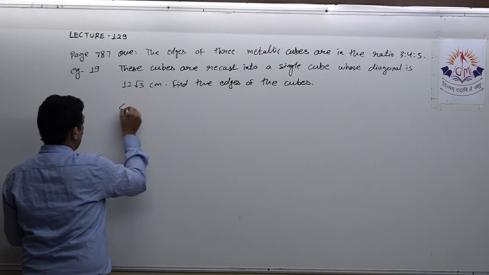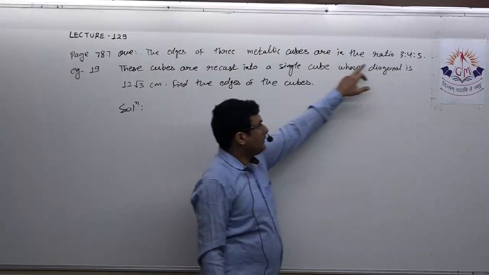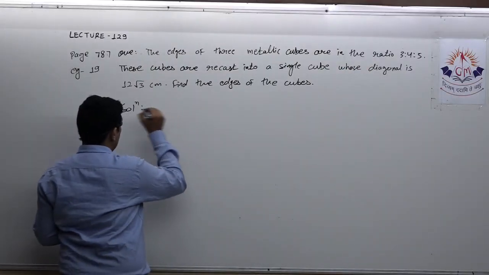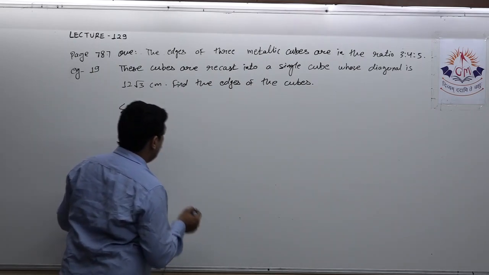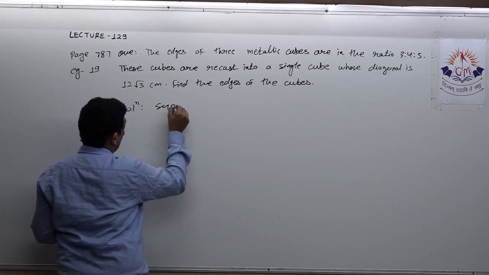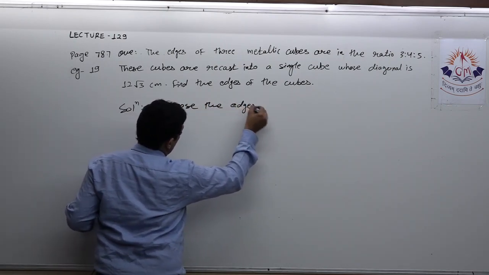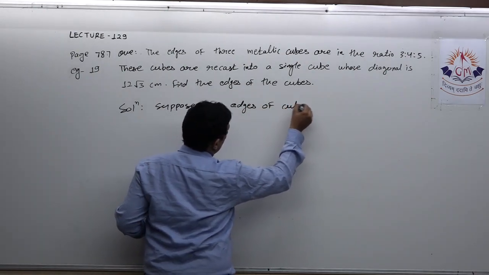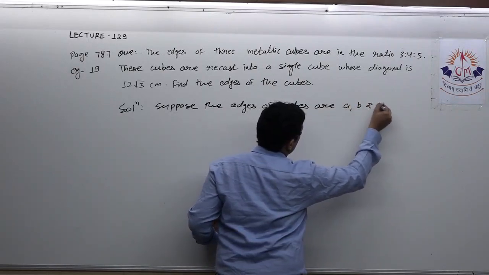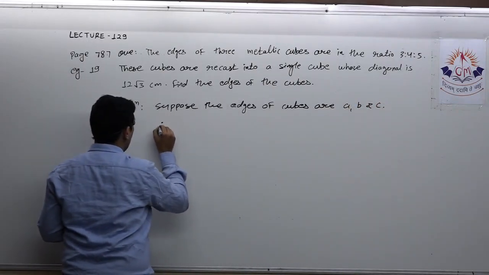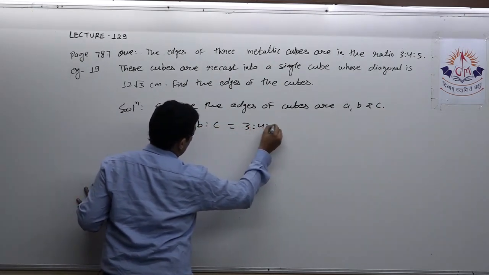Okay, so let us see how to solve this. See, the edges of three metallic cubes are in the ratio given. So suppose the edges of cubes are A, B, and C. Therefore, we have A is to B is to C is equal to 3 is to 4 is to 5.